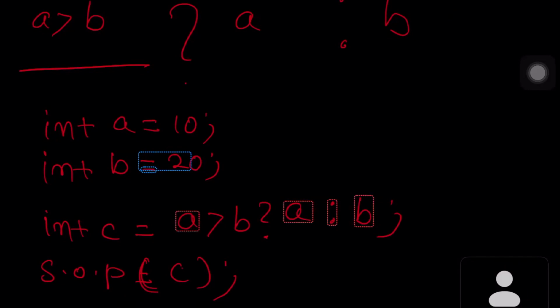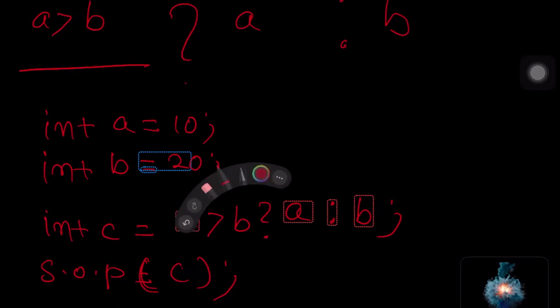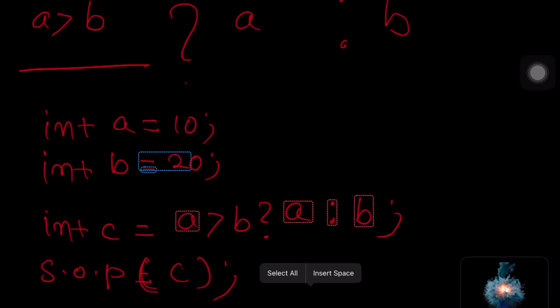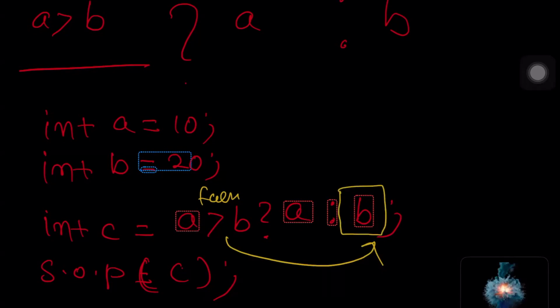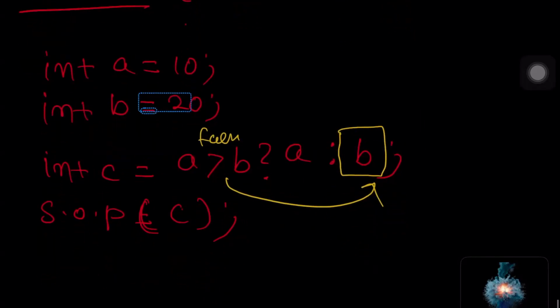B. Because A is 10 and B is 20, is A greater than B? No, it's false. If it's false, it goes to the last operand, operand 3. What do we have in operand 3? We have B, so it will be B.